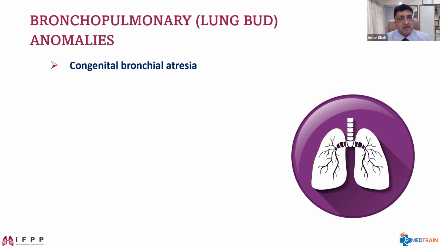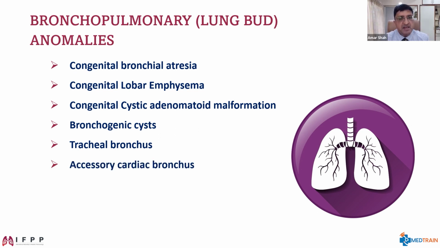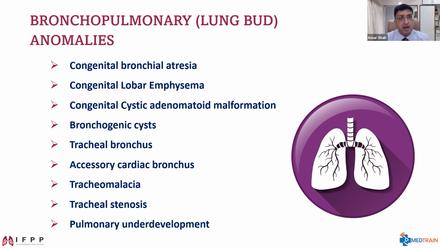These are congenital bronchial atresia, congenital lobar emphysema, congenital cystic adenomatoid malformation, bronchogenic cysts, tracheal bronchus, accessory cardiac bronchus, tracheomalacia, tracheal stenosis, and pulmonary underdevelopment. Now we'll discuss each of these pathologies in brief detail.